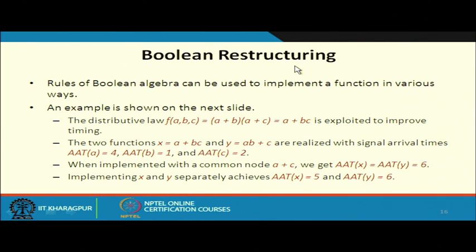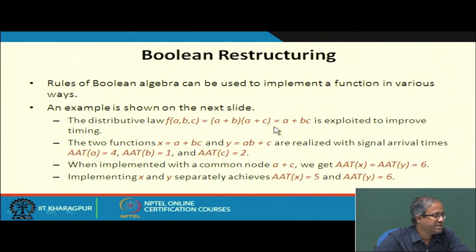And Boolean restructuring is a technique where you can use the rules of switching algebra or Boolean algebra to find out some common sub-expressions essentially. And there is an example shown in the next slide, which uses the distributive law of Boolean algebra, which says that A or BC is the same as A or B and A or C. Right.